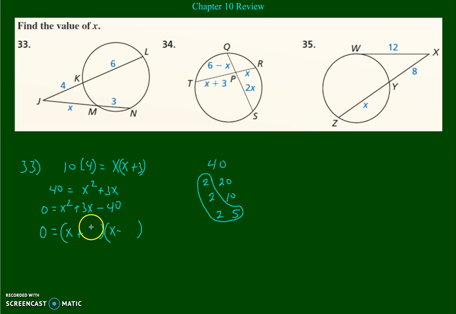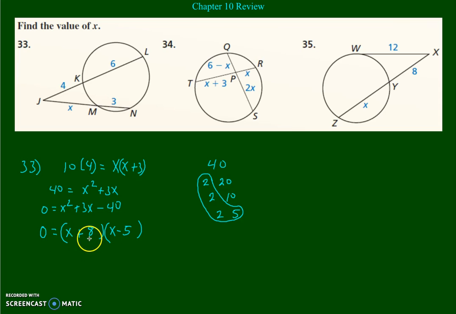So if I put an 8 here and a 5 here, that should give me what I'm looking for. So let's try it. X times x is x squared. X times negative 5 is negative 5x plus 8x. 8 minus 5 is 3, so that reproduces that center term. 8 times negative 5 is negative 40. So these are my factors.